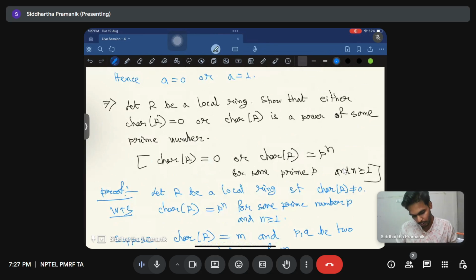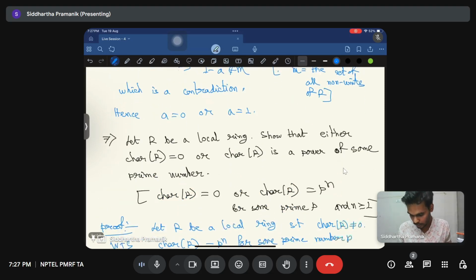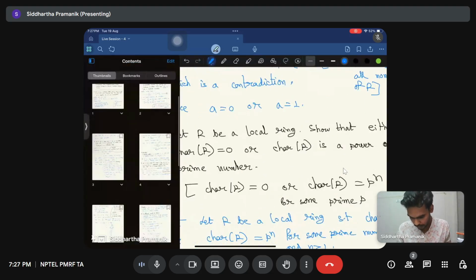Okay, so this is about the characteristic of a local ring. This is also not difficult to prove, but one has to be careful. Okay, now the other problems. So what are the remaining parts?